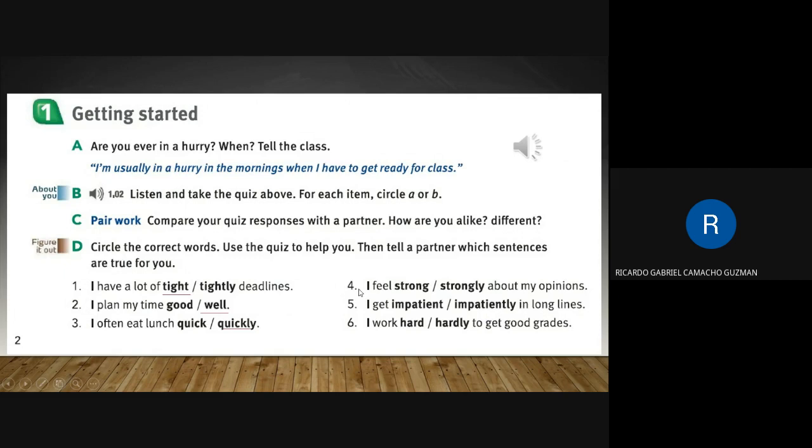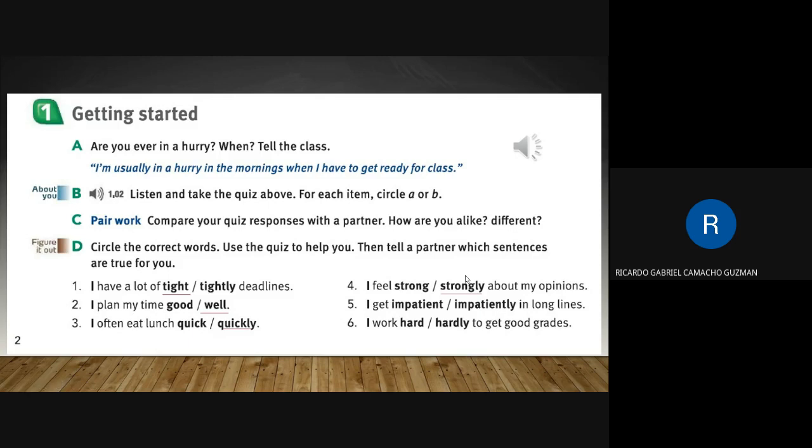Can you read the number 4, please, Aide? I feel strong about my opinions. Okay, in this case, it would be I feel strongly. All right, why is it strongly? Here we have a little problem when we're using the word feel.